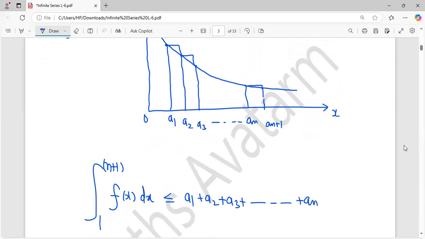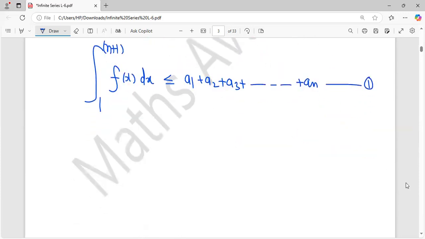You see that this is the greater value, because we are taking this area and then adding this area, and that is always greater than the area bounded by this curve over the interval n to n+1. So this is equation number 1.